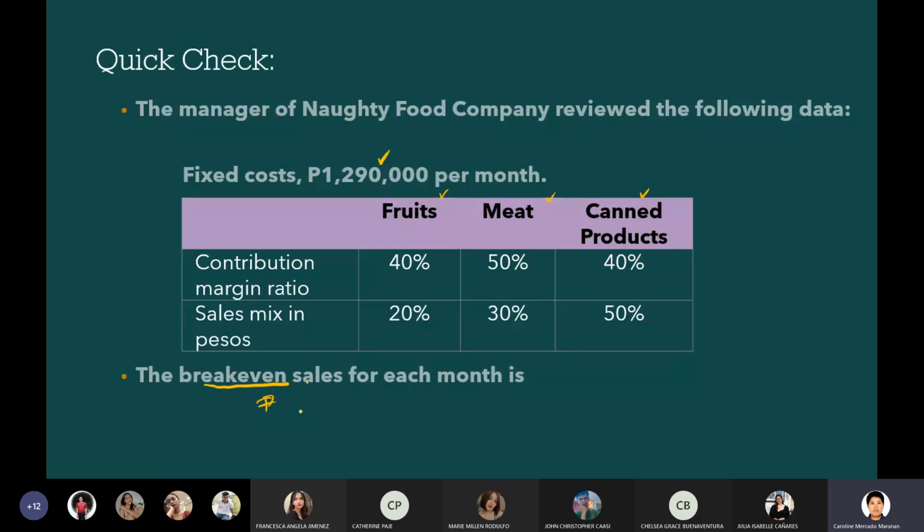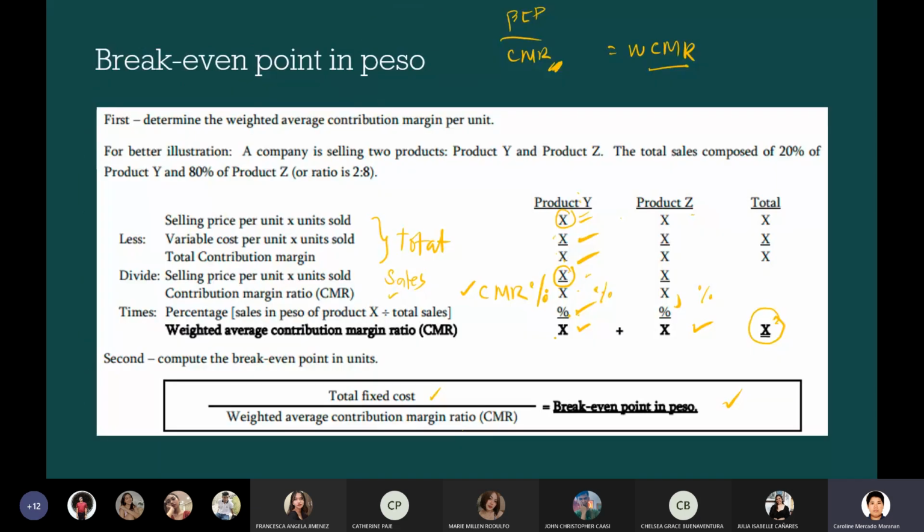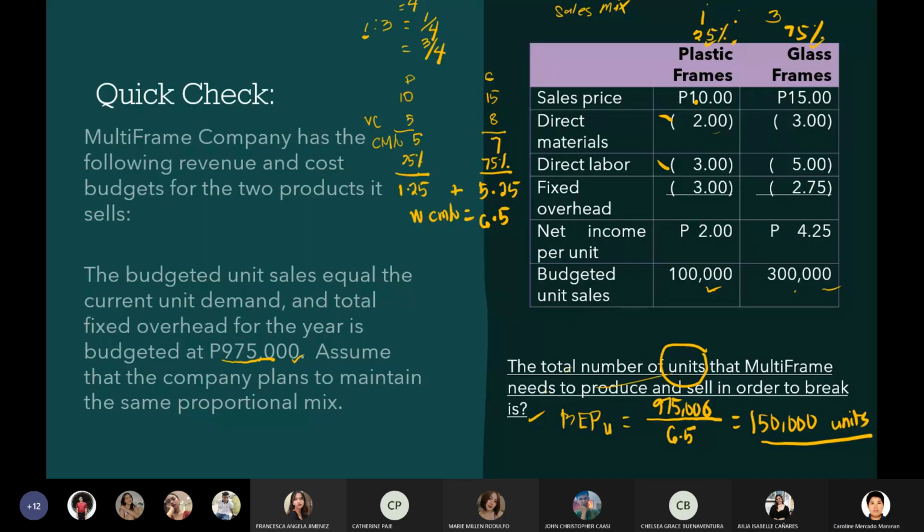So, we have here ang formula natin yan, break-even point in sales equals fixed cost over weighted CMR. Ngayon, paano natin makukuha si weighted CMR? Madali lang. Andito na yung sales mix ratio. Ayun o, sales mix ratio times percentage in sales. So, patingin nga natin.